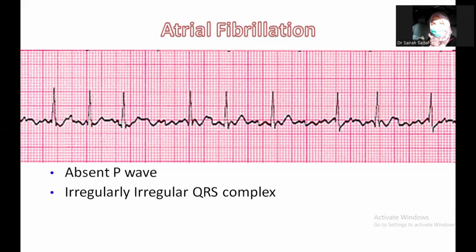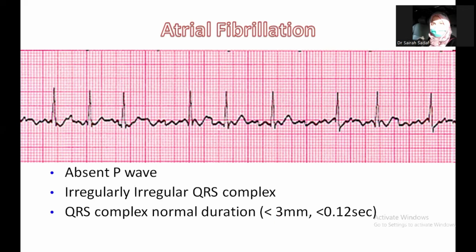As you can see, these are not the normal waves. These are haphazard, small, tiny waves appearing. The QRS complexes are irregular, not coming at the same interval. QRS complex duration is normal, less than 3 small squares. So sometimes it may reduce.